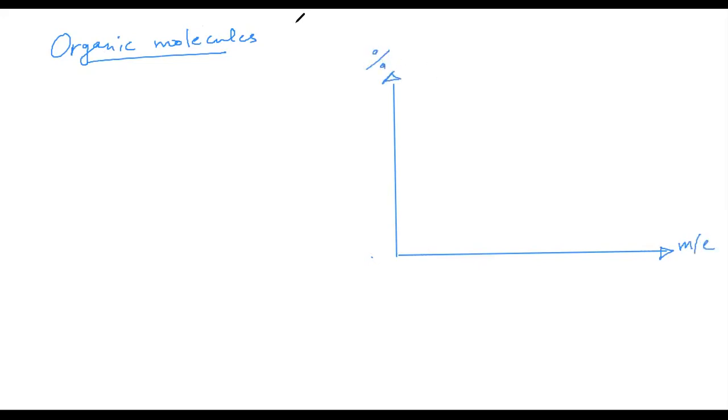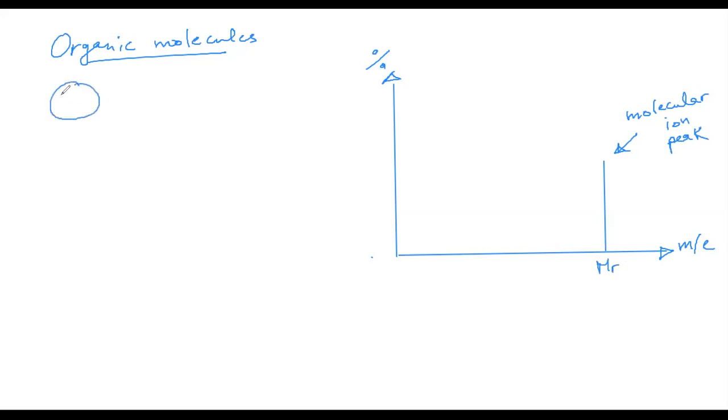We get the last peak here. The last peak shouldn't always be high. It could be very small. It could be very short. We get what we call the molecular ion peak, which shows us the molecular mass of the compound.